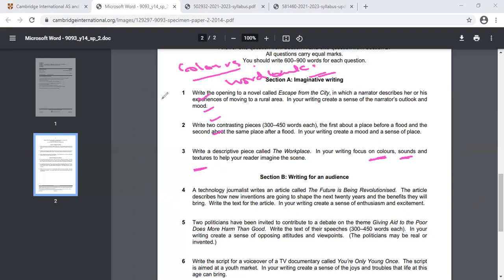Then you got to think about different patterns. For example, you can think about compare and contrast. Maybe you're contrasting it with some other colors, okay? Or you can also think about another pattern, that is cause and effect.